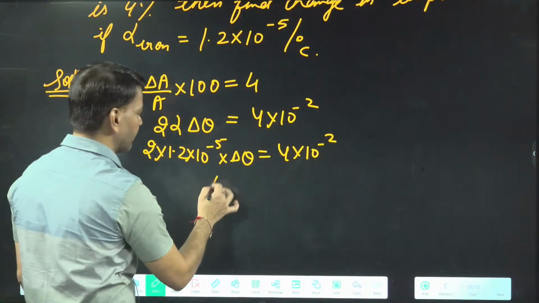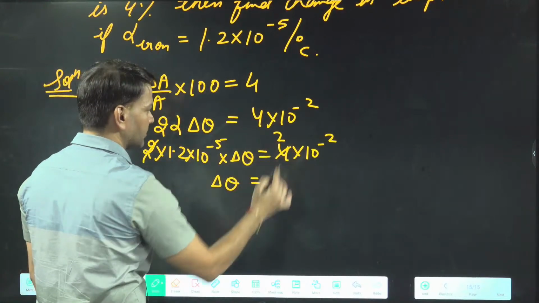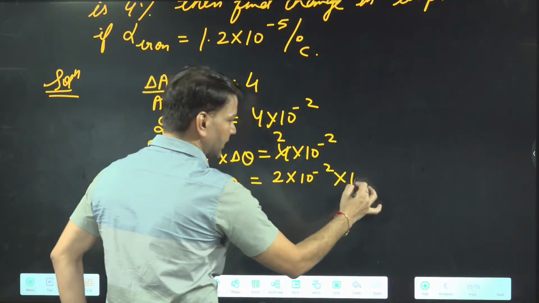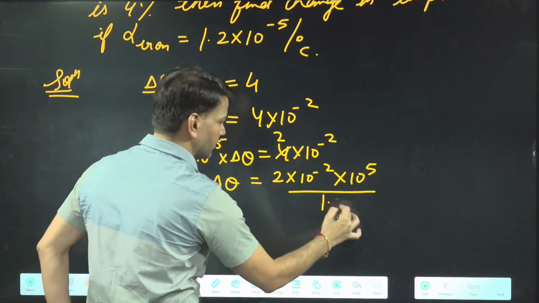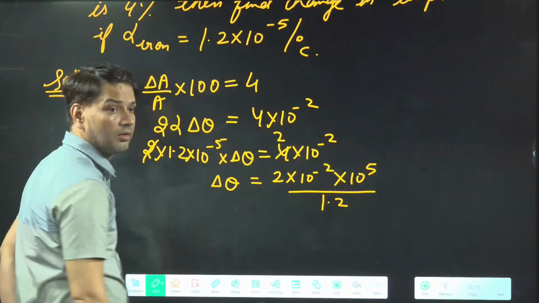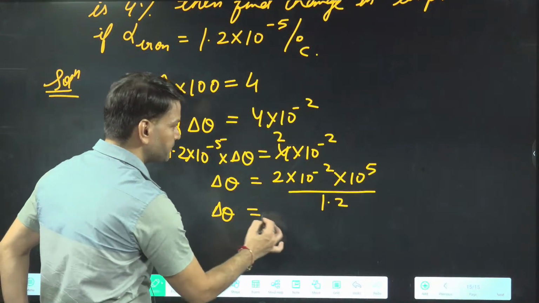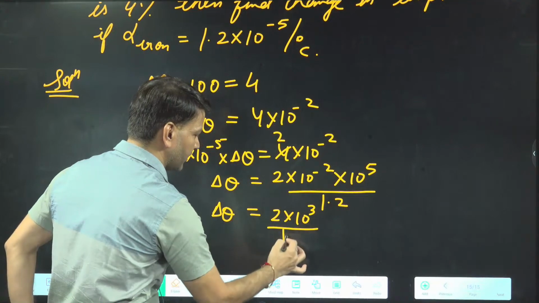Then delta theta, what can we write? 4 and this cancel out, that is a 2. So 2 into 10 to the power minus 2 into 10 to the power 5 will go up, and then divided by 1.2. Then delta theta, what you will get? 2 into 10 to the power 3 by 1.2.